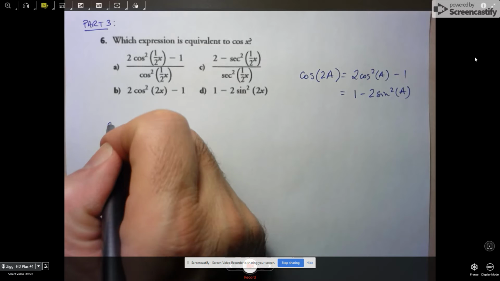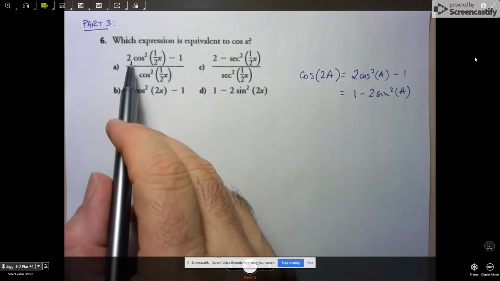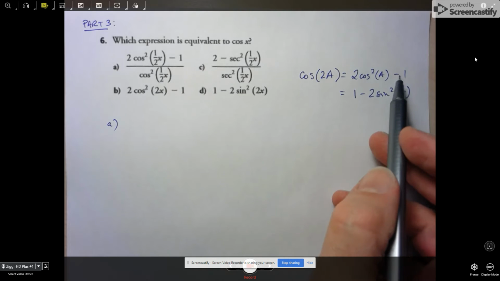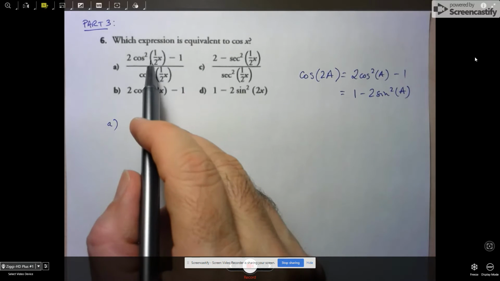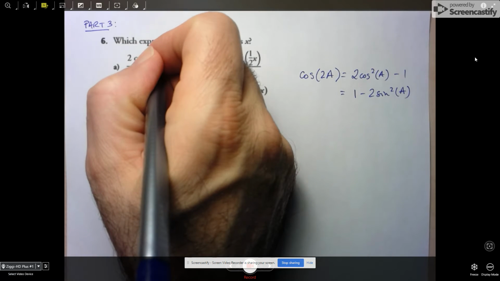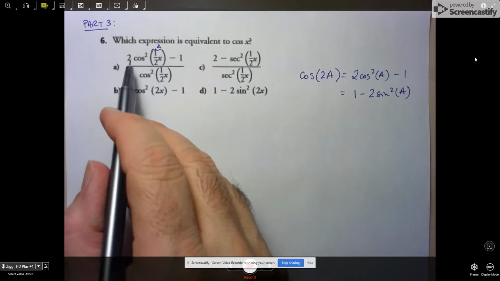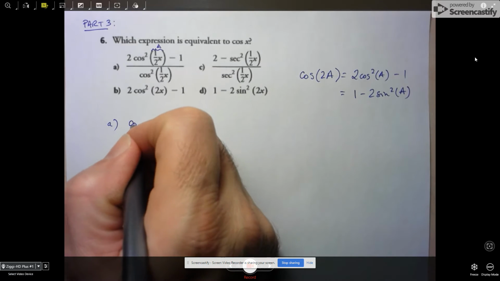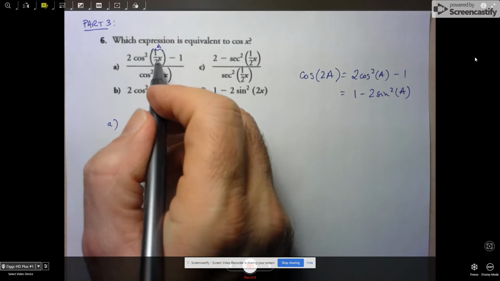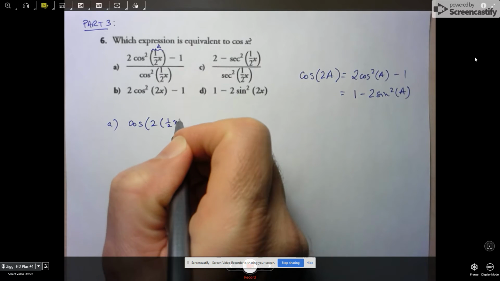So let's take a look at A. I look at that numerator, and it has exactly this format here. If I compare it to the cosine double angle formula, this whole thing inside the bracket is going to act like my A. So I can simplify the numerator as cosine of 2 times whatever this expression is in the bracket, which is 1/2 x.